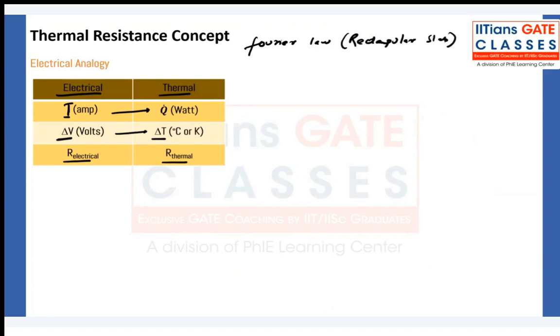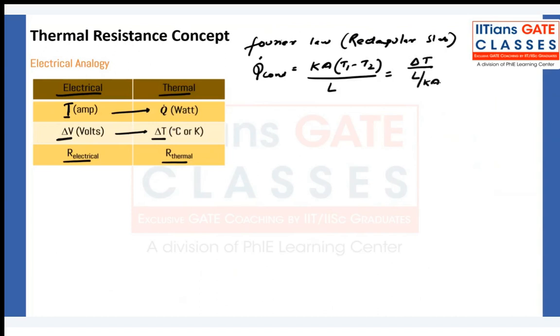So we have just defined that heat transfer due to conduction is equal to kA(T1 minus T2)/L, where L is thickness. Can I write it in a way that delta T is equal to L upon kA? Yes.